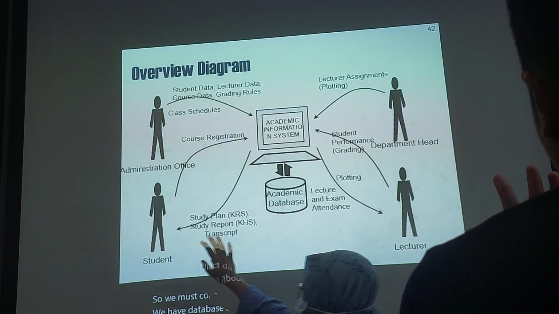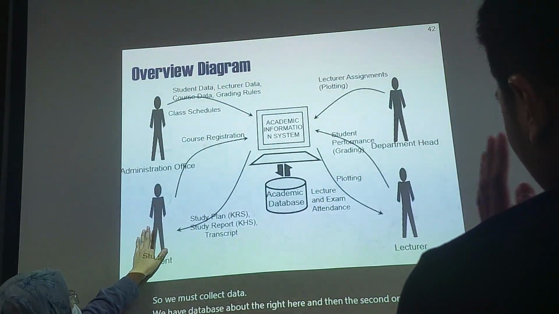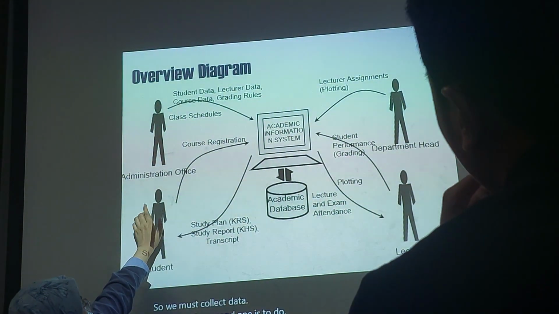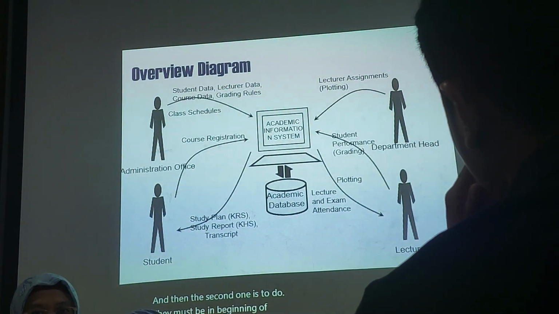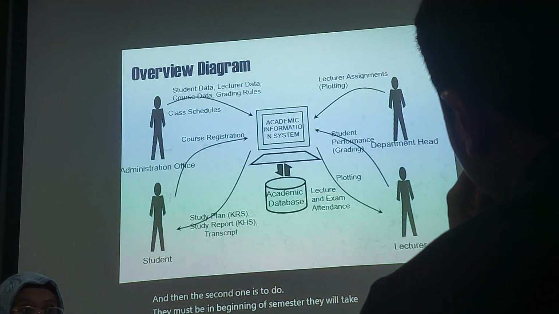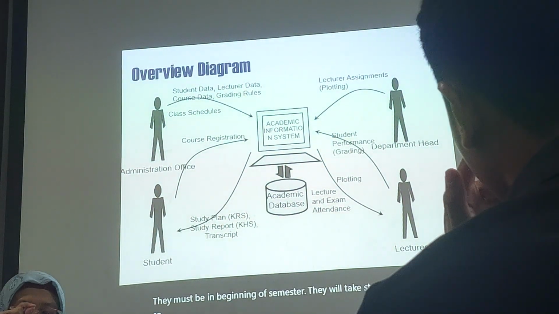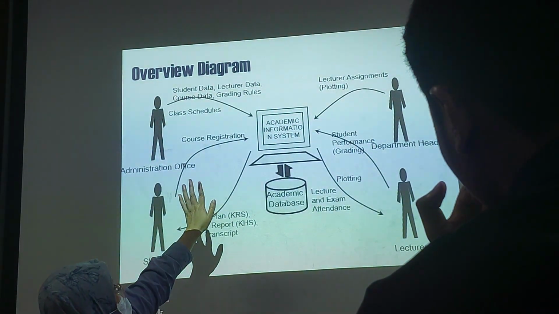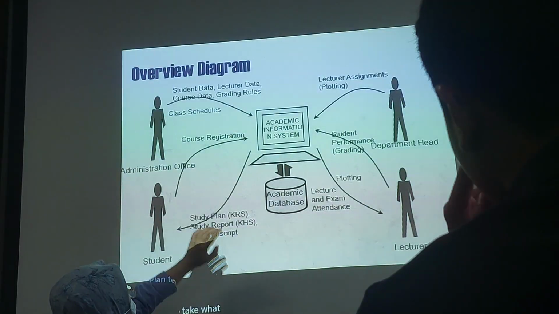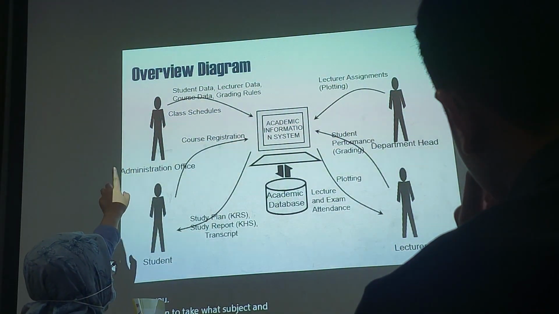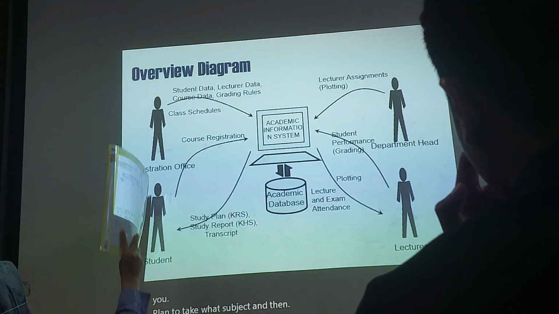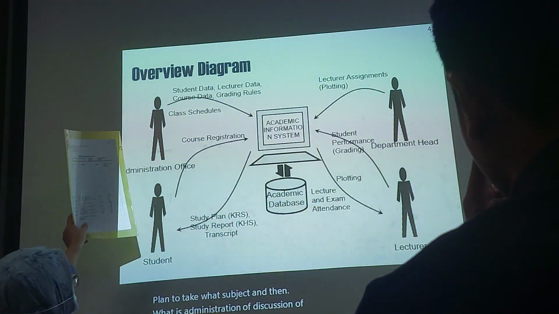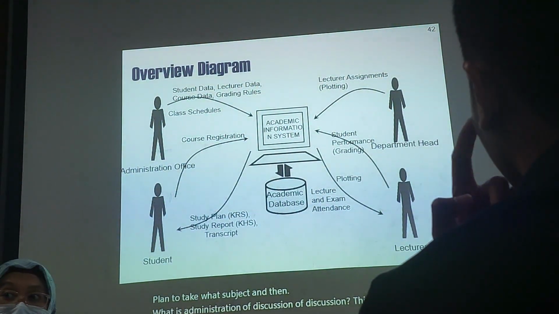And then the second one is the student. At the beginning of the semester, they will register their course, so you plan to take what subject. And then the administration office.